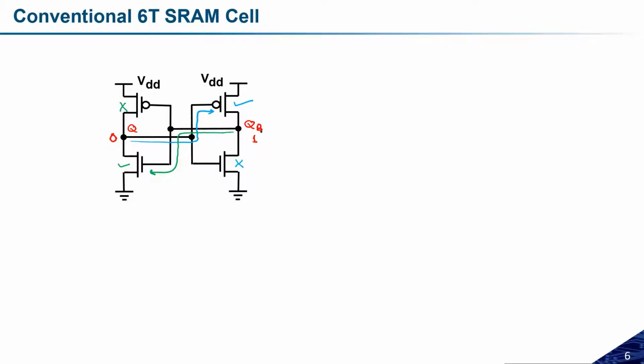Similarly, for QB, because this transistor is activated, this VDD will be transferred to QB, and the data at this node will be logic 1. Now, because the data storage at Q and QB depends on the ground and the VDD, what happens if I remove this ground?